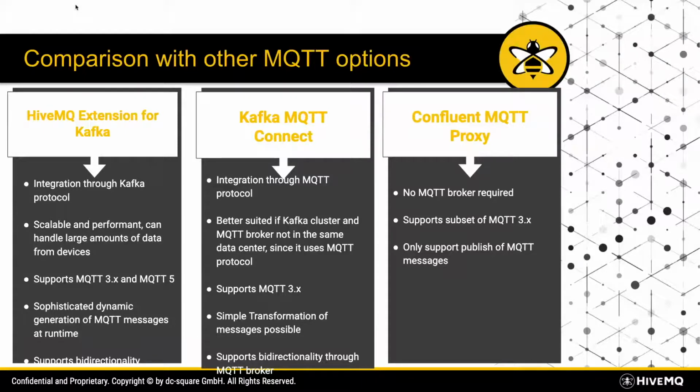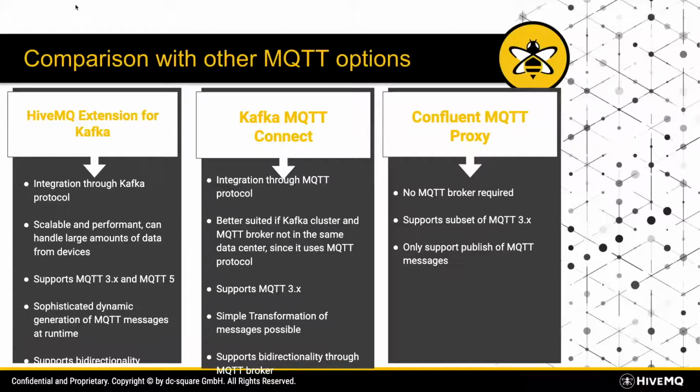Disadvantages are that it really only supports a subset of MQTT 3 and MQTT 5 features not at all, and it is only one directional, so you cannot send data from Kafka to your devices.